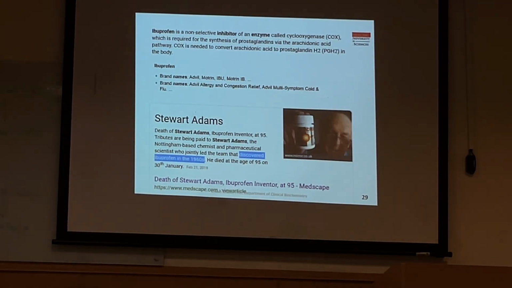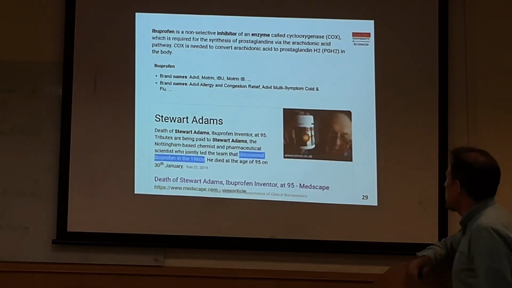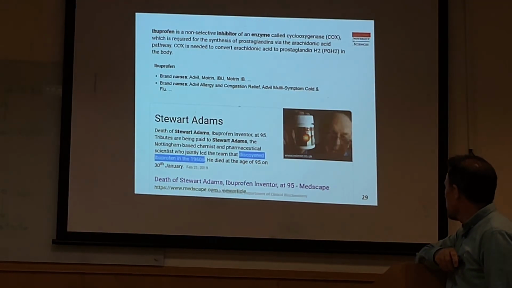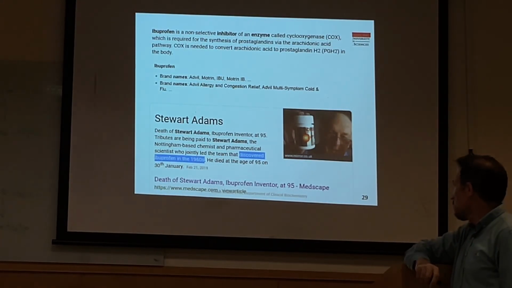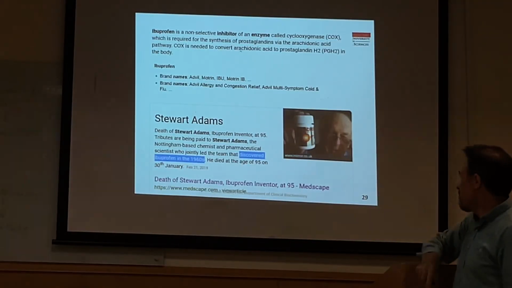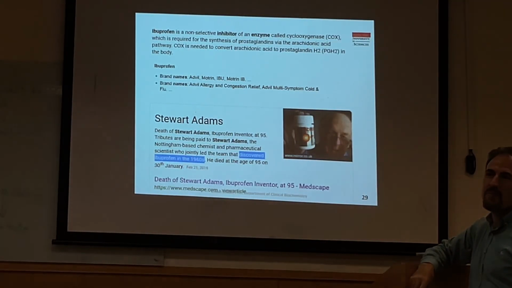Unfortunately, he died 3 years or 5 years ago. I'm not sure of the date, but it was around the 30th of January 2019. Yes, he was 95. I see, February 21.